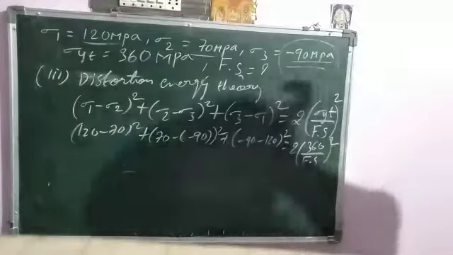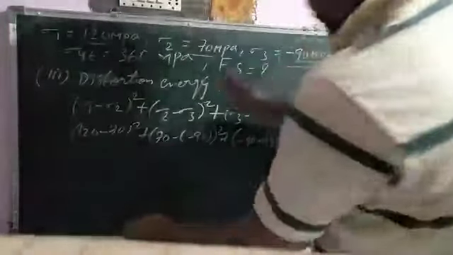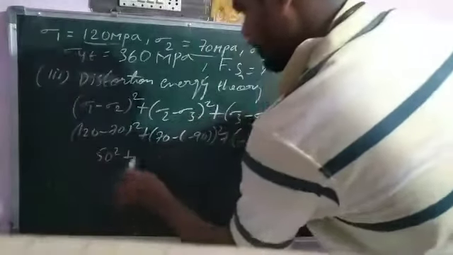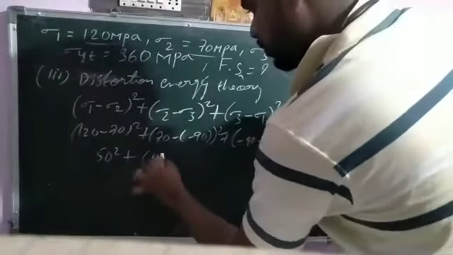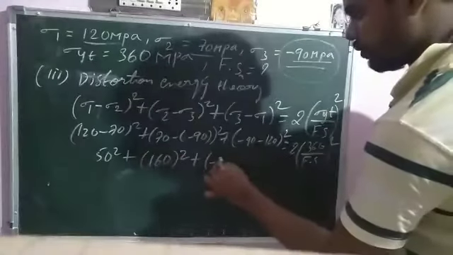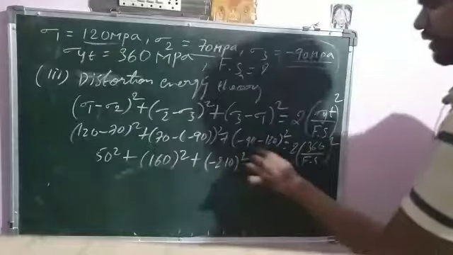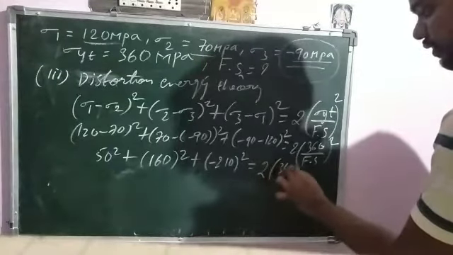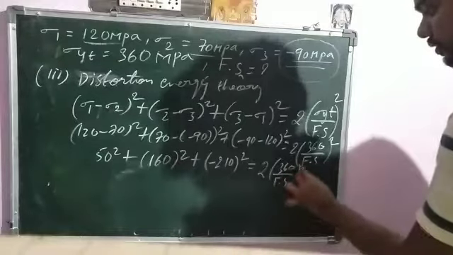120 minus 70, how much? 50. So 50 whole square, plus 160 whole square, plus minus 210 whole square, that is minus 90 minus 120, and 2 into 360 by factor of safety.